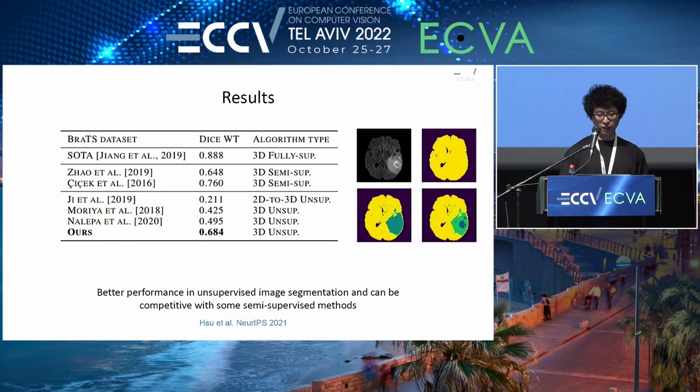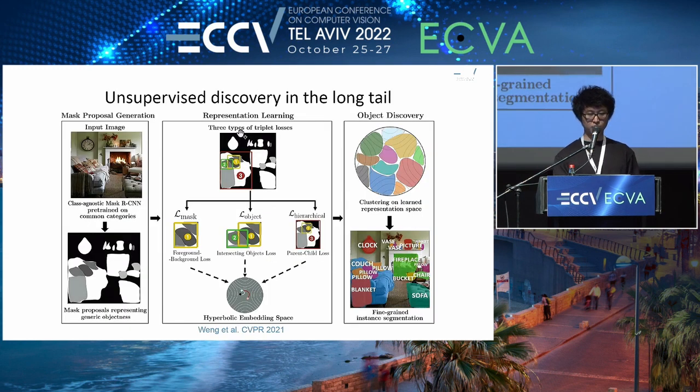But this isn't the only one that we've investigated. We've investigated both synthetic data and shown qualitative results in cryogenic electron microscopy. And then similarly, we can do discovery in the long tail with these hyperbolic representations. It's a very similar idea that the objects in the long tail are hierarchically organized.